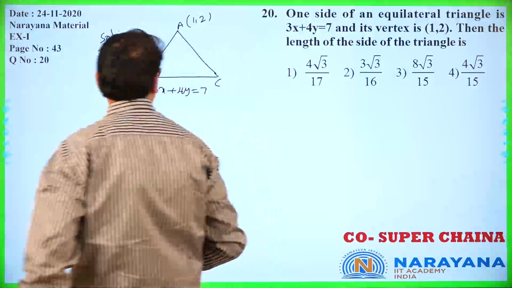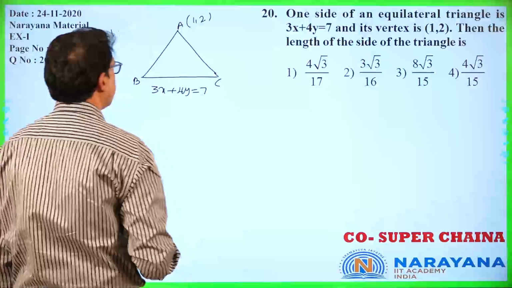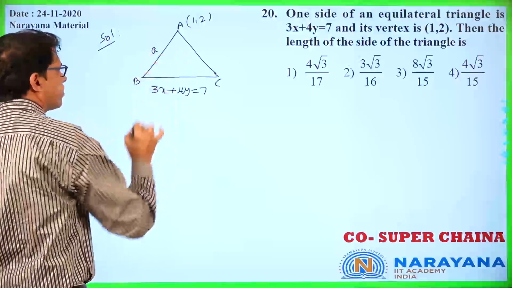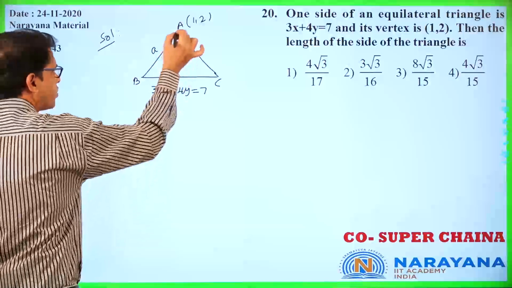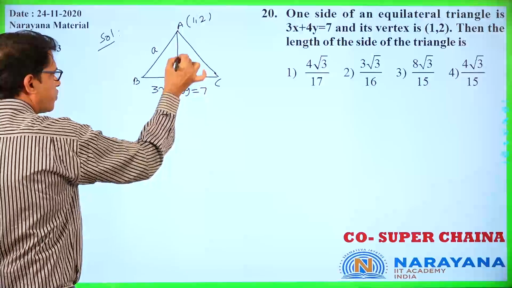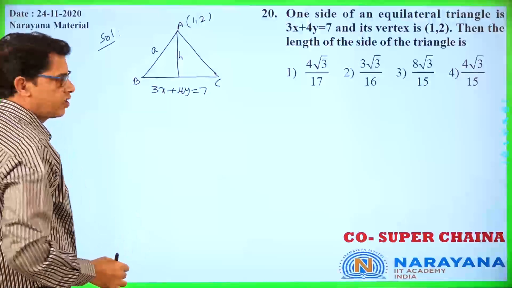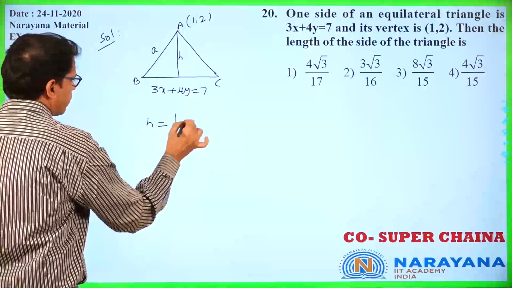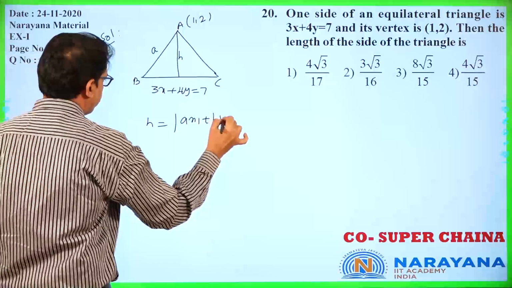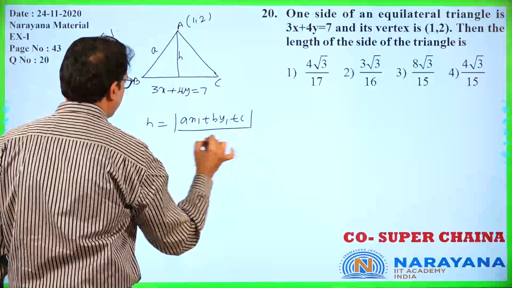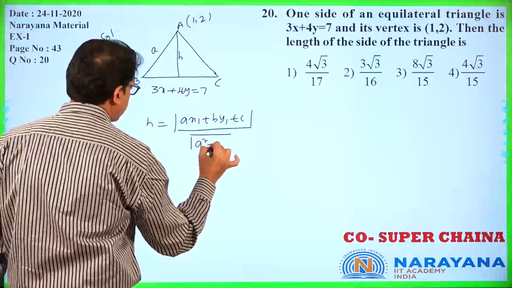Now here we need to find the length of the side. Let the length of the side be a, and let the height be h. Here h is the perpendicular distance. Therefore I can find h. h equals mod of ax1 plus by1 plus c upon root under a square plus b square.